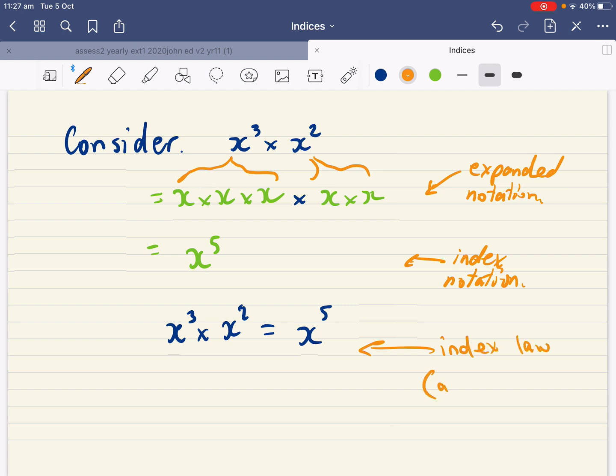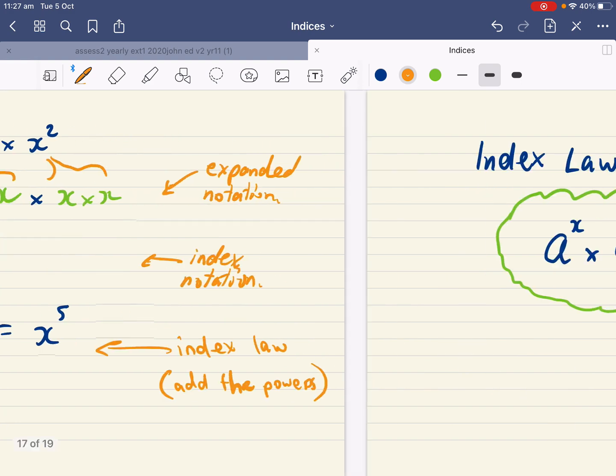We just add the powers. Or I could have just as easily said, add the indices. I was meant to say powers. All right, so pause the video. If you haven't already copied this in, pause the video now, get this copied in, and once done, we'll continue on with our lesson.